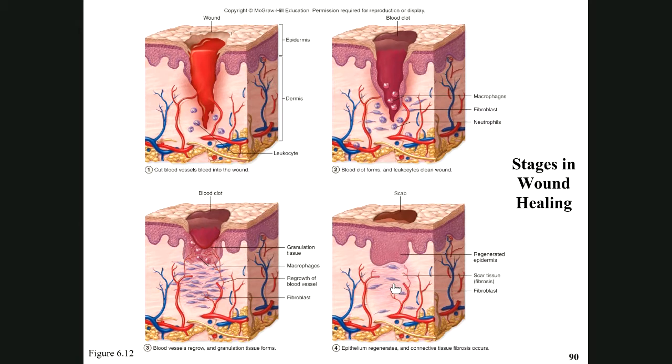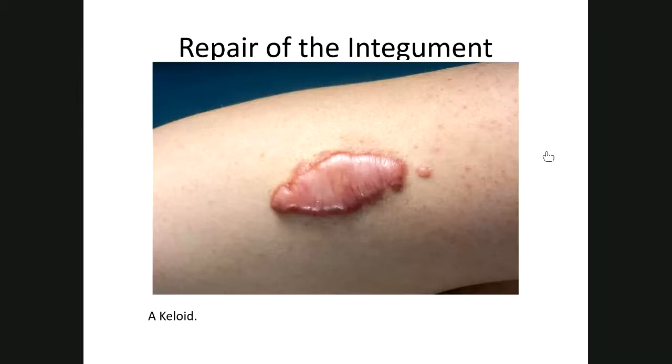The hair follicles, the exocrine glands, the nerves, and the erector pili muscle cannot restore themselves and cannot be built again. So you see that in the scar tissue, we don't have any growth of hair follicles and hairs. And in this picture, you can see the keloid, which is created at the site of injury.